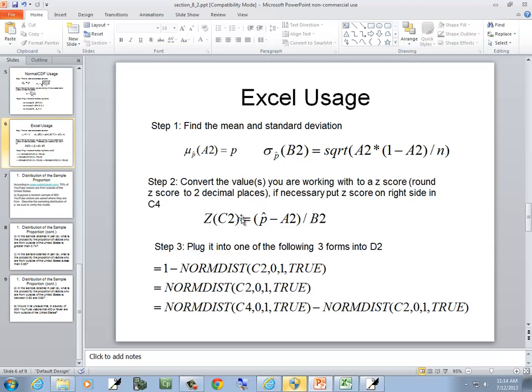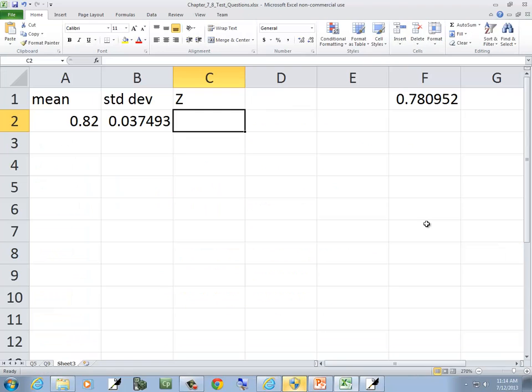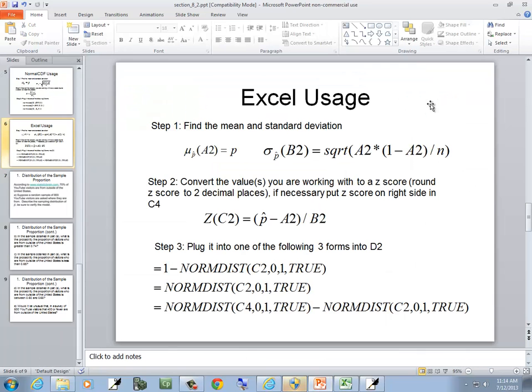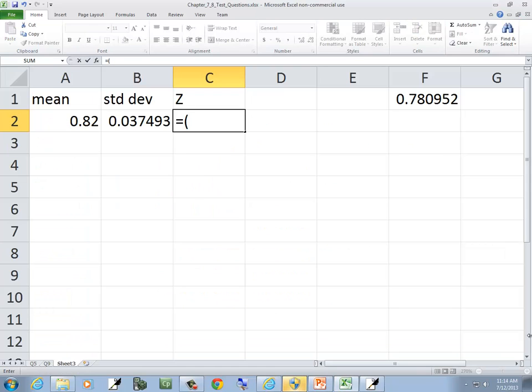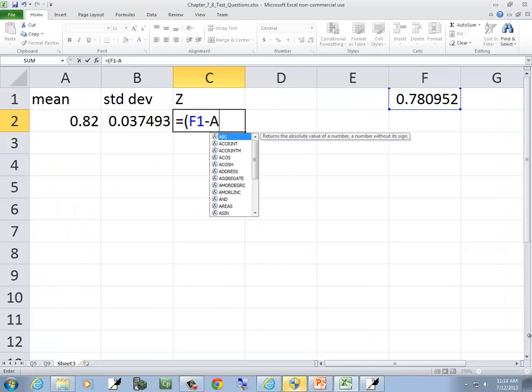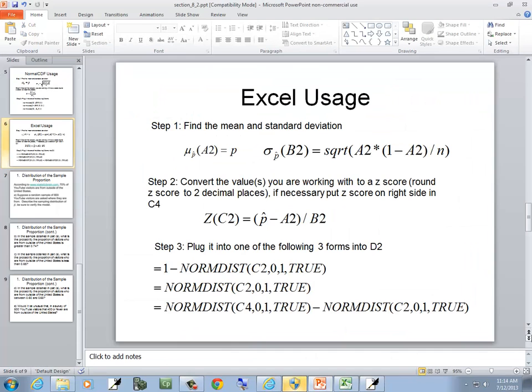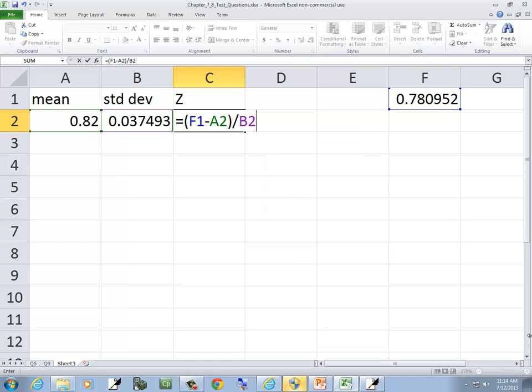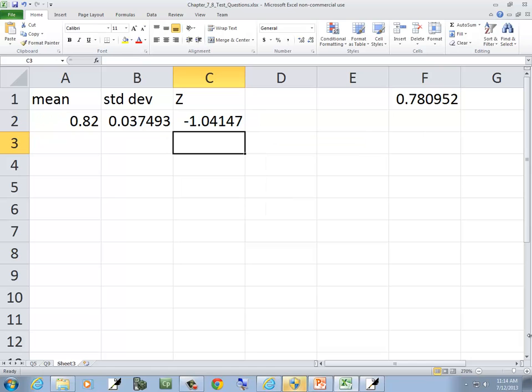Okay, and then we're going to have equals p hat. The fact I put p hat over here works out well because I can just refer to it directly. But notice there's parentheses around those. So I do beginning parentheses, I'll put in F1 minus A2 close parentheses divided by B2. There we go.